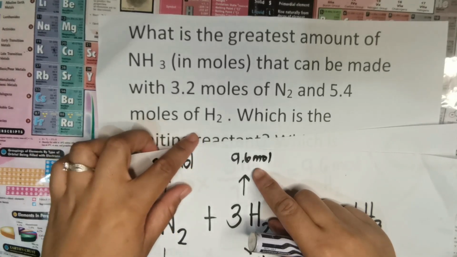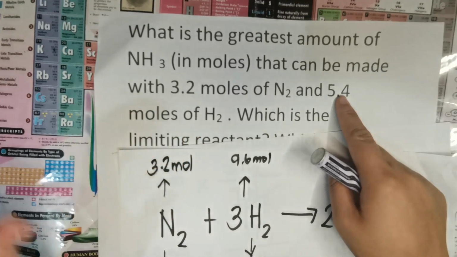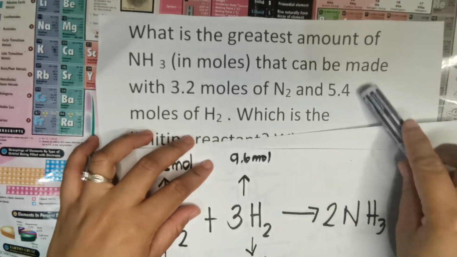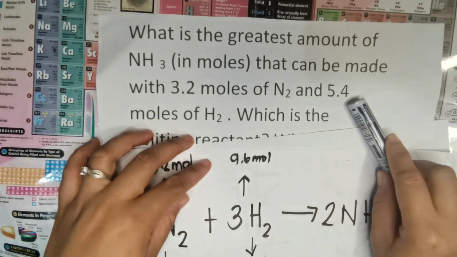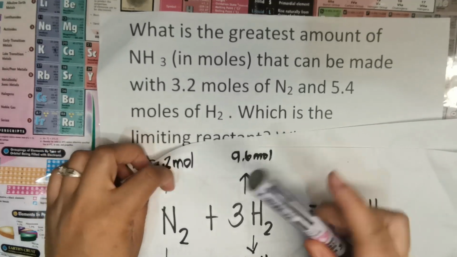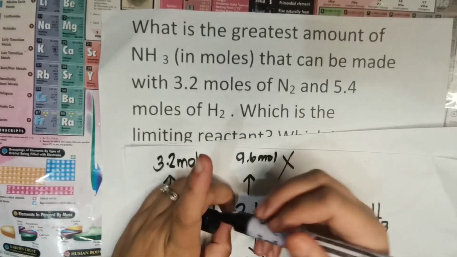So, pwede ba? Pwede ba yung 9.6 sa 5.4? Obviously, hindi ma'am. Kasi ang meron lang tayo sa ating given ay 5.4 lang, pero ang kailangan natin ay 9.6. So, obviously, this reaction is canceled. Hindi pwede to. Walang mangyari.